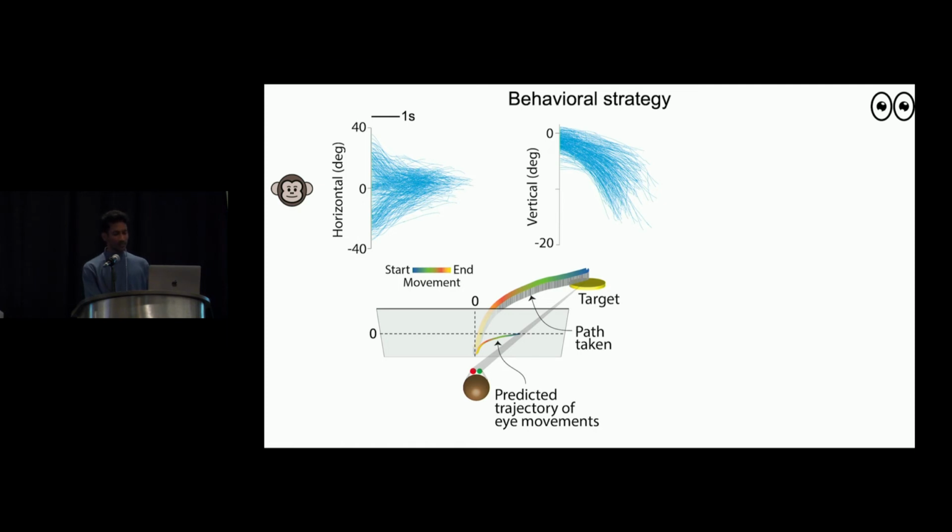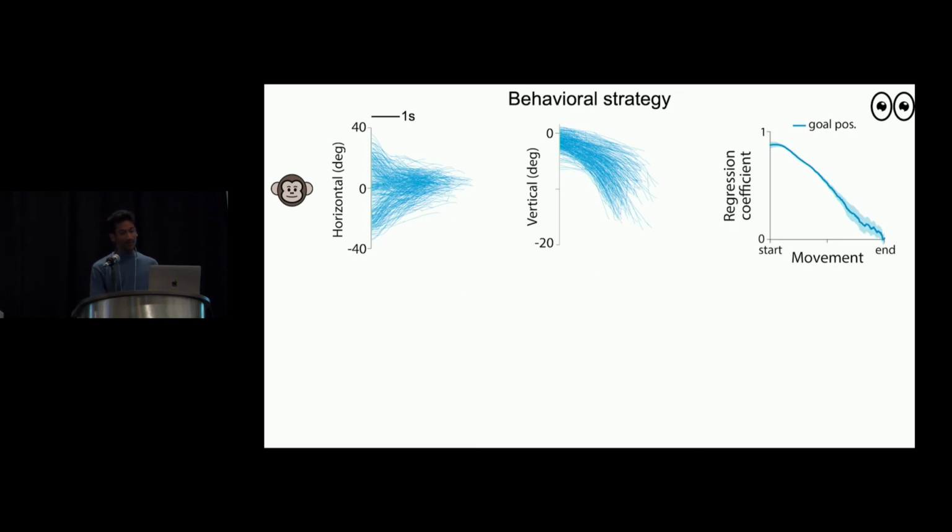And now we can quantify this by doing a regression of the actual eye movement traces against the prediction of what we'd expect if they were looking at the goal.